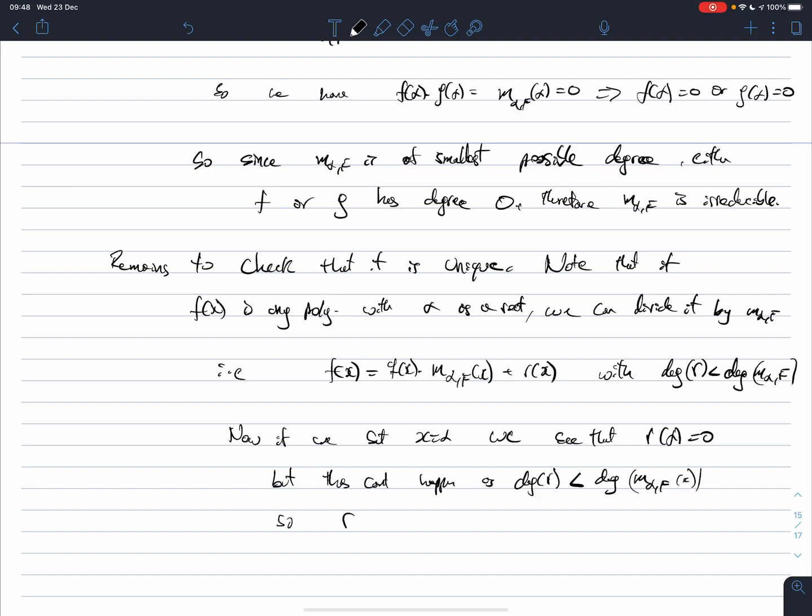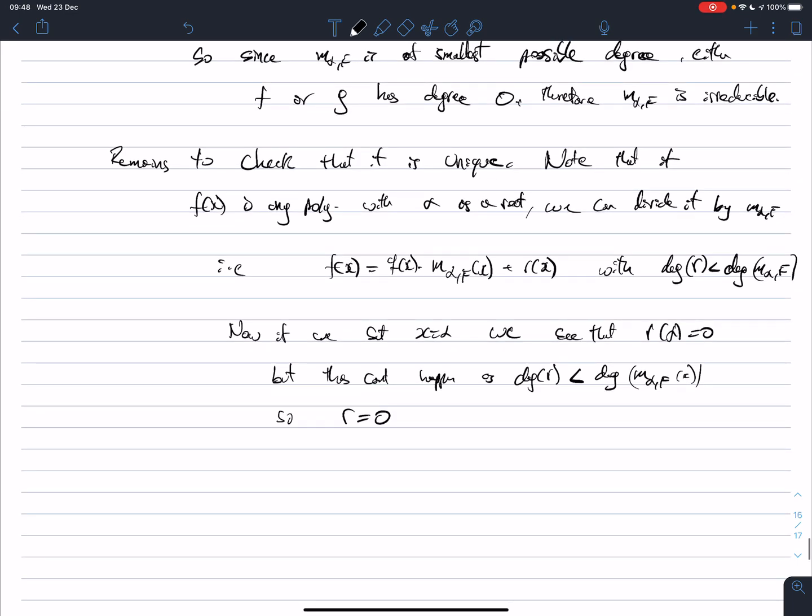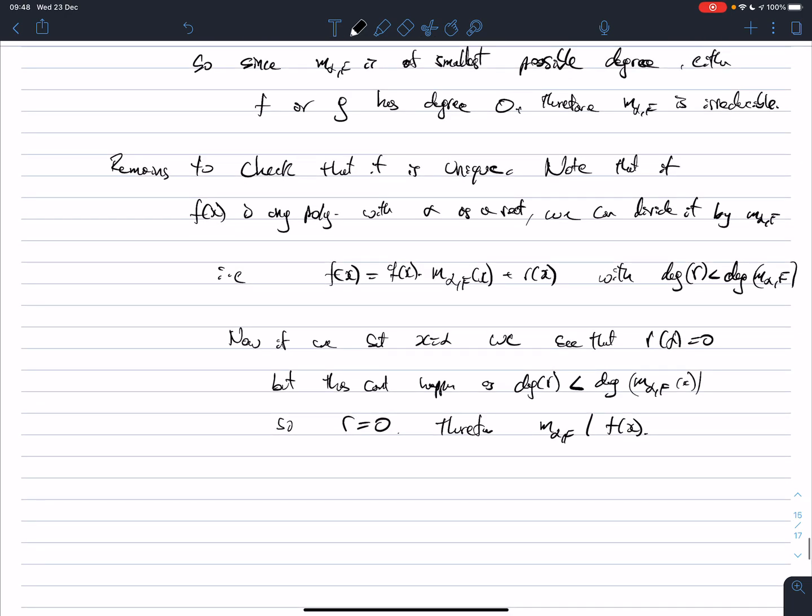So r is just 0, therefore m alpha of f divides f of x. Great. So now my minimal polynomial will have to divide any polynomial which has alpha as a root. So from this we just get uniqueness by assuming that we had two of these things, then one would have to divide the other, and they would each have to divide these themselves.